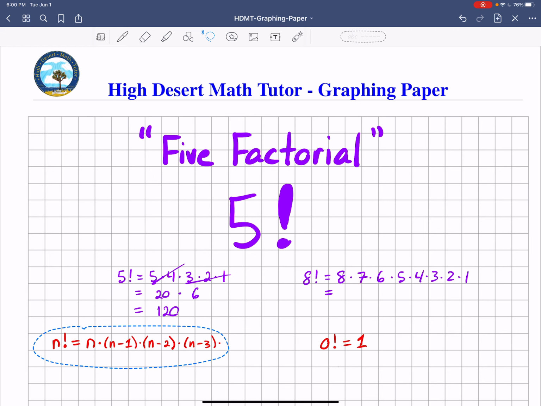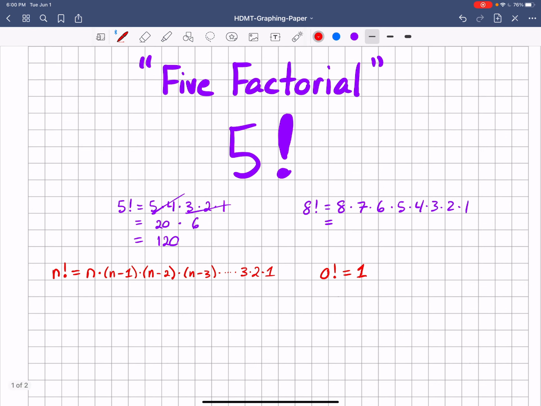Just to show you what that might look like in math notation, it's going to go all the way down to the number 3, down to the number 2, to the number 1. Just as before, if n was equal to 5, then we would have 5 factorial.